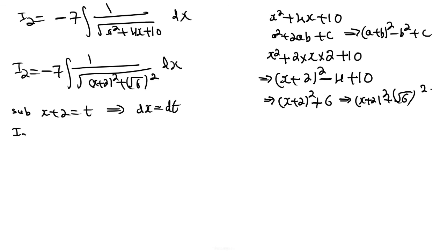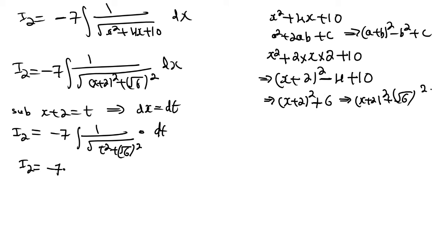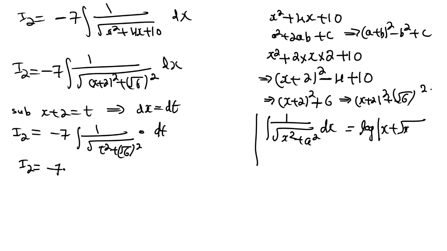So I2 is equal to minus 7 into integration of 1 by square root of t square plus root 6 square into dt. Now the standard formula: integration of 1 by square root of x square plus a square into dx is equal to log of mod x plus square root of x square plus a square, plus integration constant.